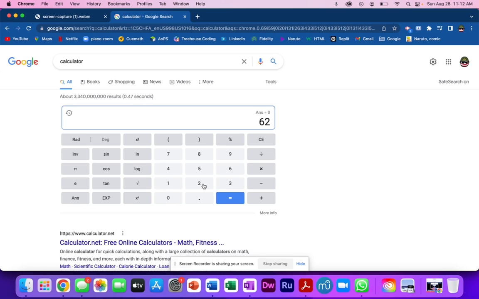Let's take a number, 62. It might seem very intimidating, but first we multiply that by 10. So 62 times 10 equals 620. Then what's half of 620? 310. So 62 times 5 is 310.